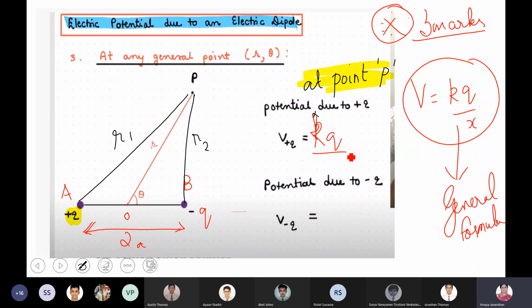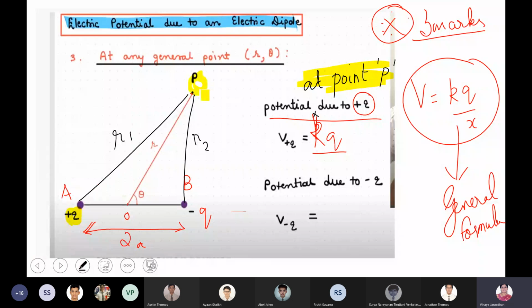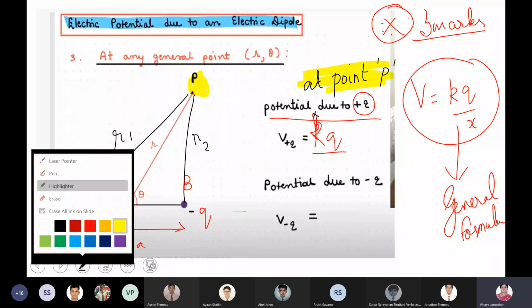Okay, which charge are you talking about? Plus Q. This charge plus Q is located at which point? A. Okay, and which is the point where you want to find the electric potential? At point P.